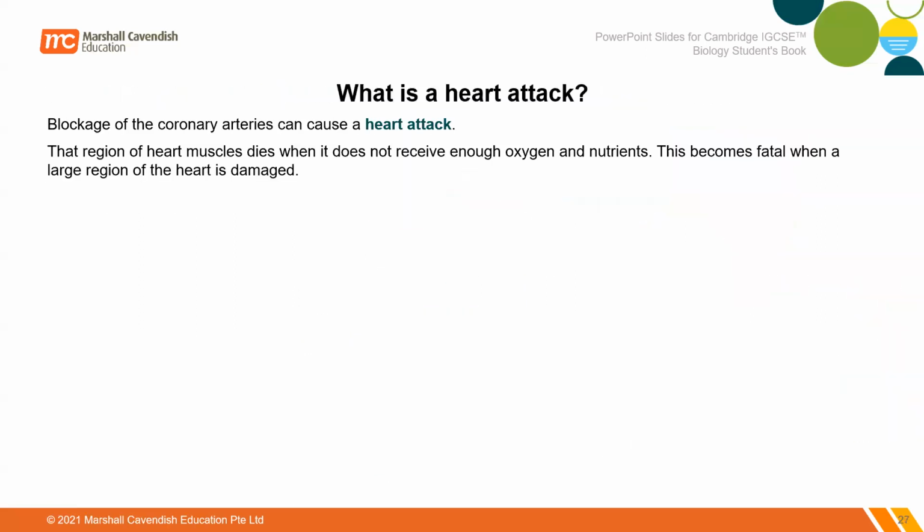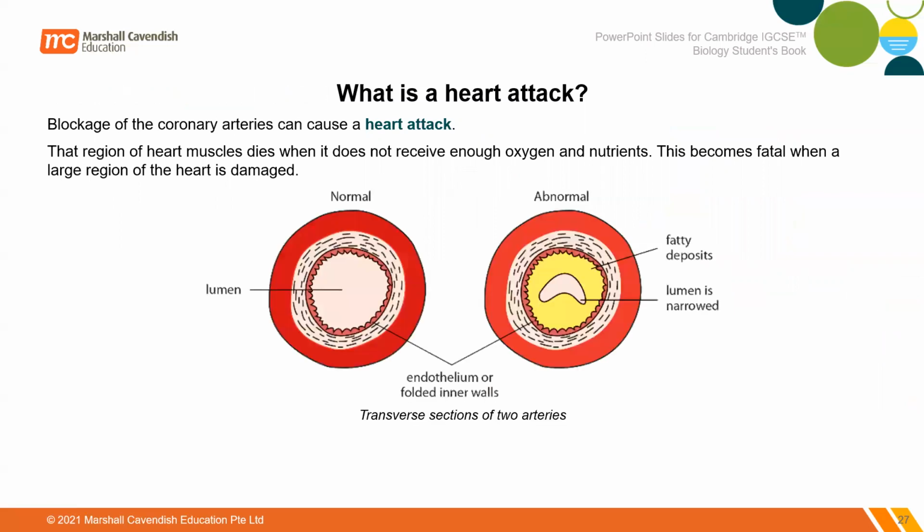Number one is the heart attack. The heart attack will definitely happen if there is a blockage of one of the coronary arteries. And we have a lot of factors that definitely cause this kind of thrombosis or the reduction in the lumen size because of the deposition of fats on it.